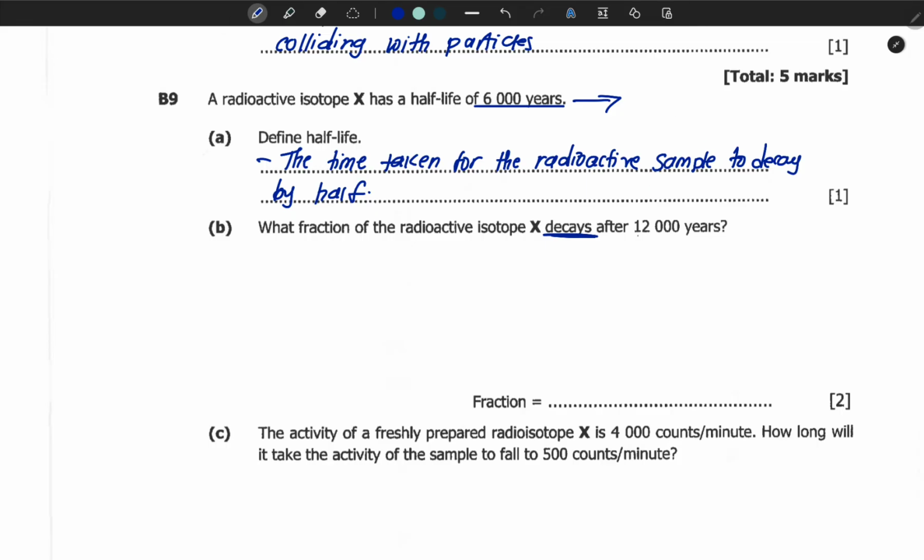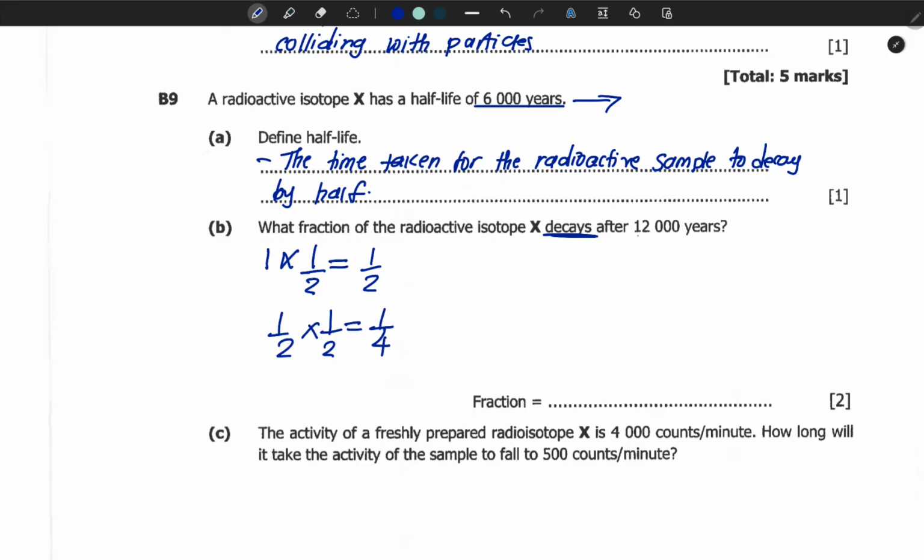So here we only have 2 decays. You say 1 multiplied by the first half, so 1 times half is half. Then the second, half times another half, so here we are going to have 1 over 4.